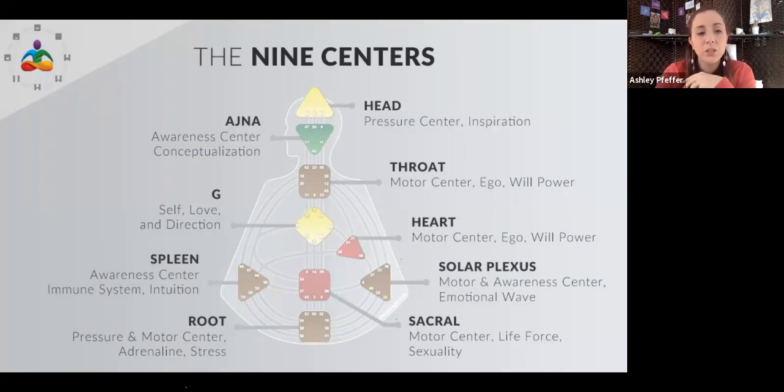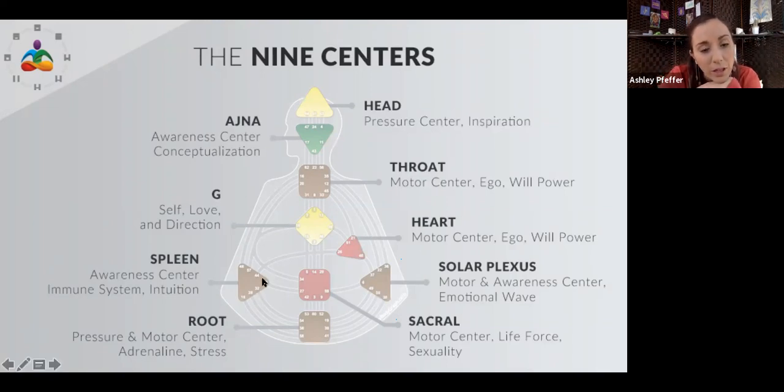And then we have the G center, which we said is self-direction and love. Your heart, another motor center, is ego and willpower, motivation. I call this the will center. A lot of people use will center and heart interchangeably, because I like calling it the will center because it's for willpower and motivation.